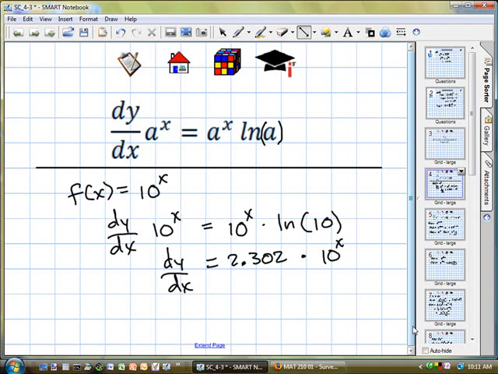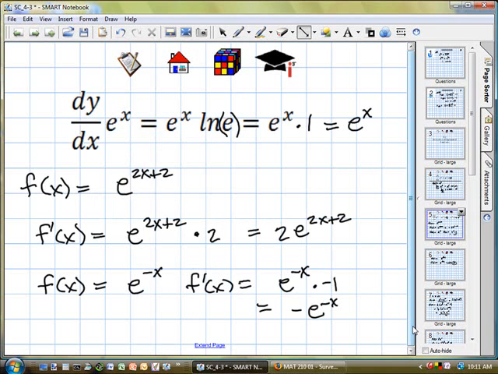Okay, now the really good news is where this leads to. What happens when the base is e? And the answer, wonderful things. Because how do you take the derivative of an exponential? It's equal to itself times the natural log of its base. And what's the natural log of e?